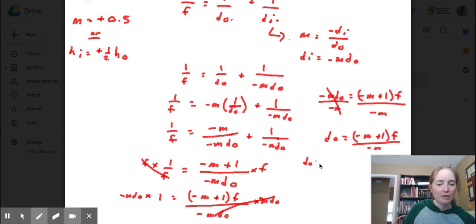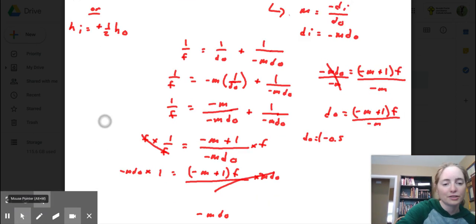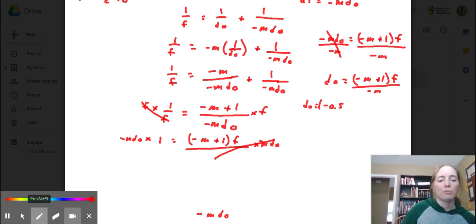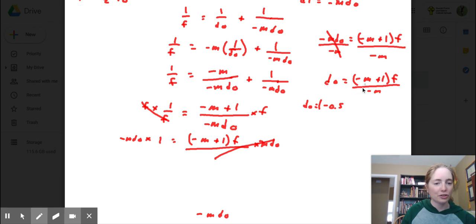Okay, I'm going to plonk my numbers in my equation. So, ladies and gentlemen, negative 0.5. I'm going to scroll down so I'm not writing on my face. There we go. My negative 0.5, which is my negative m, plus 1, times my f, which is negative 20.